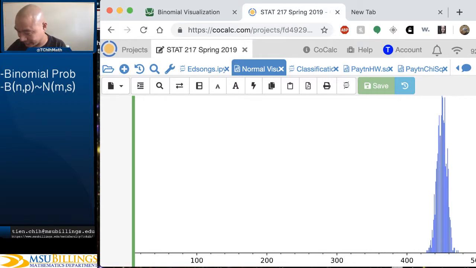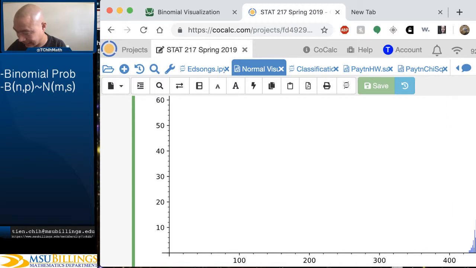I could ask myself, for example, if I flip 100 coins, what is the probability I get between 65 and 100 heads?